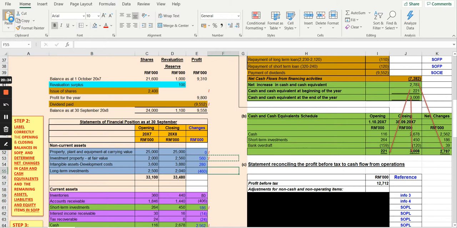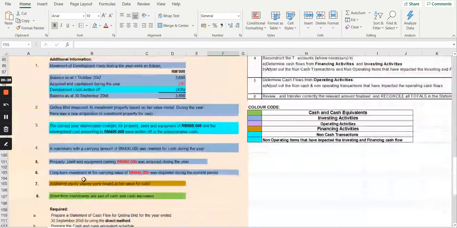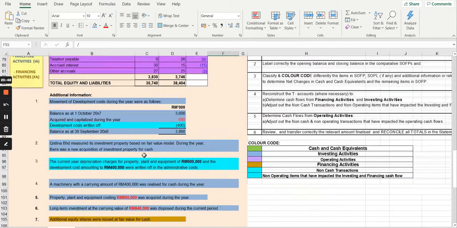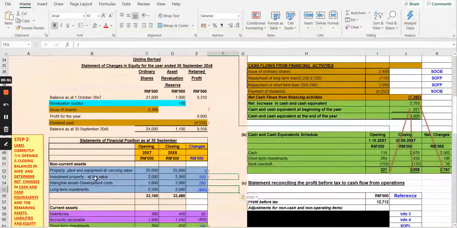A net decrease. And let's look at the bottom. What you have at the bottom here is the information on the long-term investment that was disposed during the current period. So the disposal, the carrying value was 840. You need to go and check how much is the proceed from disposal again.